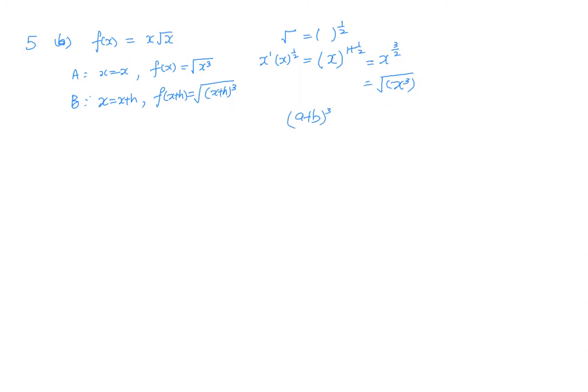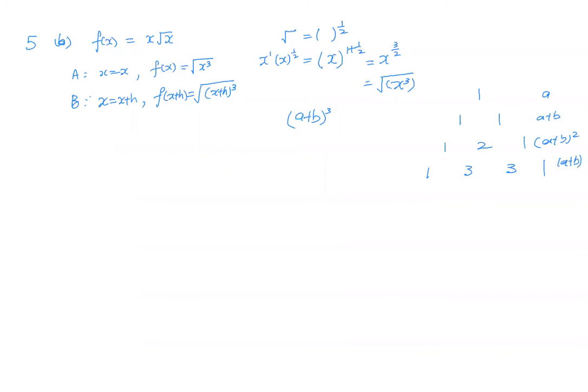Have you ever heard of Pascal's triangle? Do you know how I get the numbers from the first row to the second row? Addition. This is a, this is a plus b, this is (a plus b) squared, this is (a plus b) cubed.